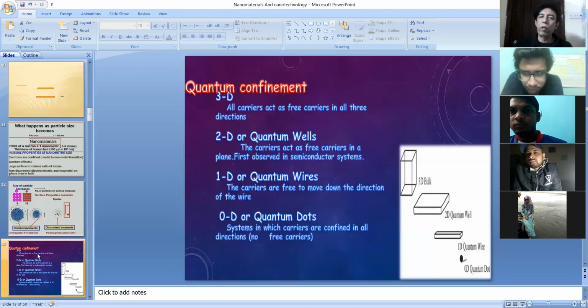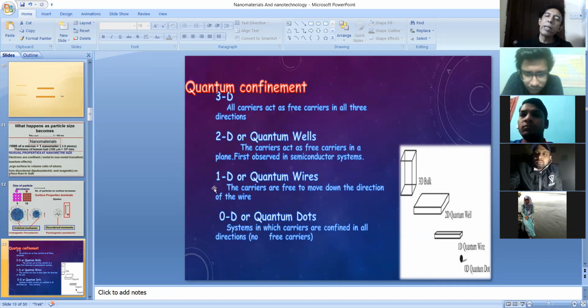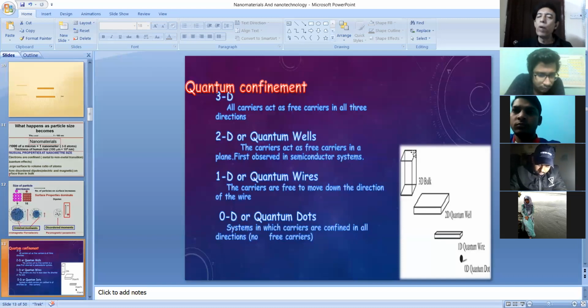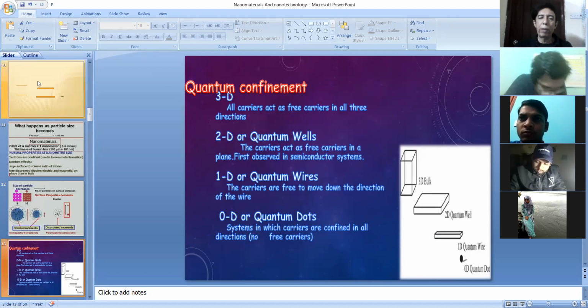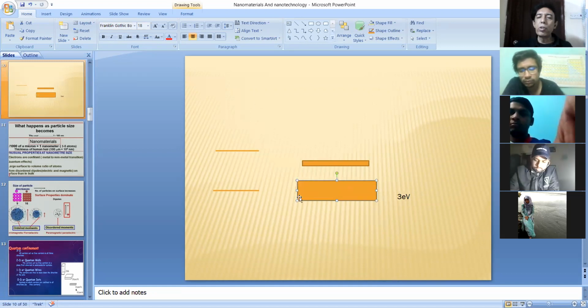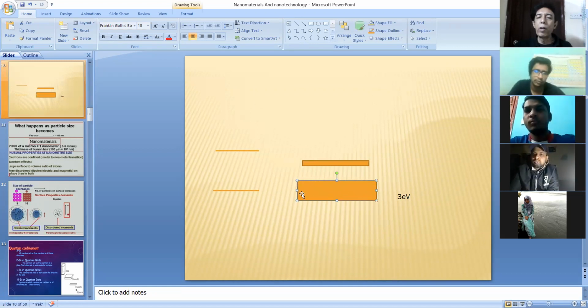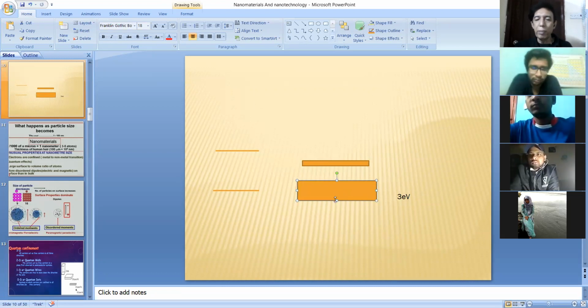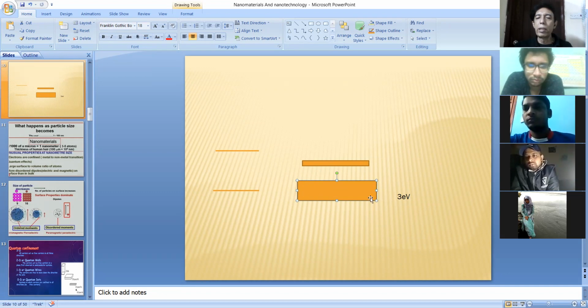Now, what is quantum confinement? In a three-dimensional normal bulk material, you have n number of atoms, and the electrons can move from anywhere to anywhere because it is a band. There is actually no difference in the energy levels here.